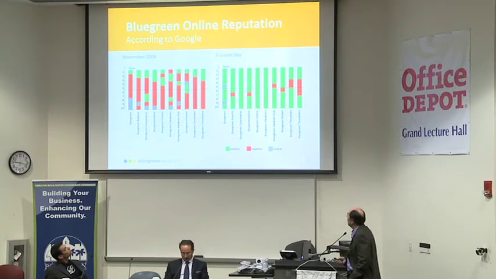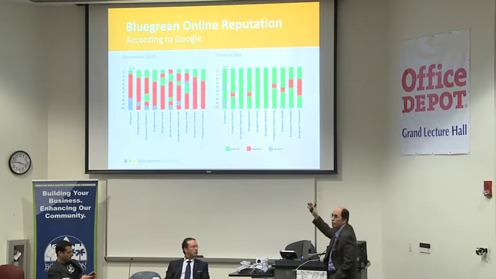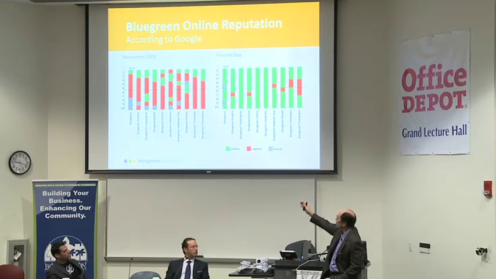So this is actually my most important slide because I want to show you what we did. November 2008, that's how we looked on Google. And that's how we're looking today. Each bar represents a page of results in Google for a particular keyword. Going from left to right, the most searched keyword that we have is Bluegreen.